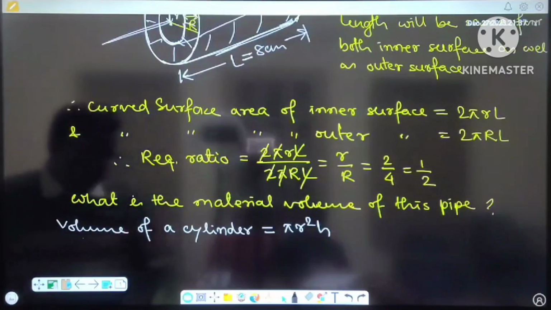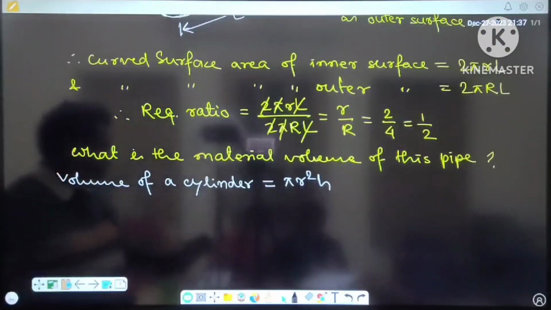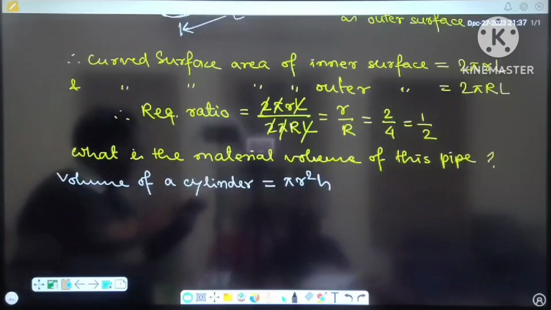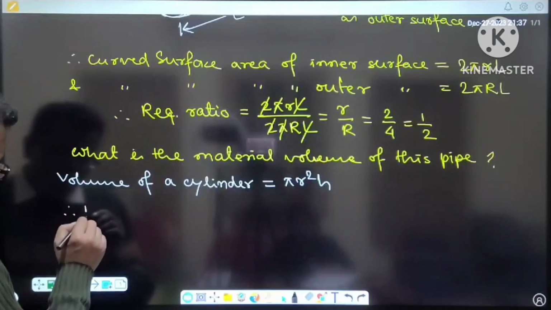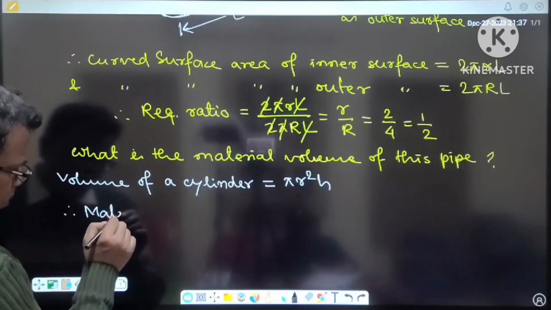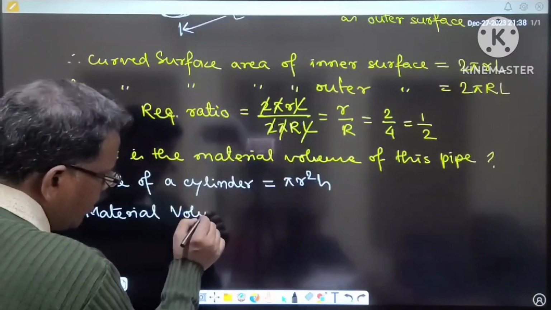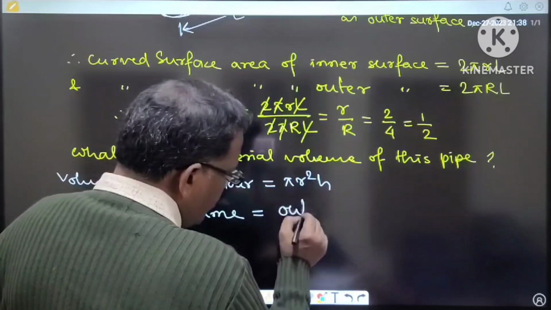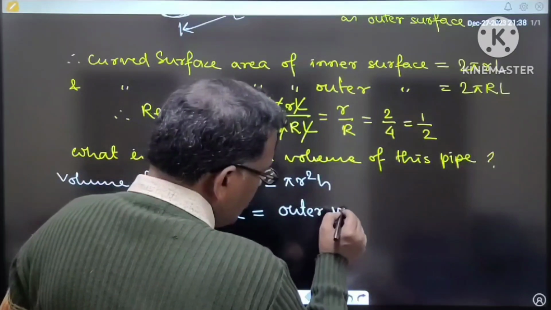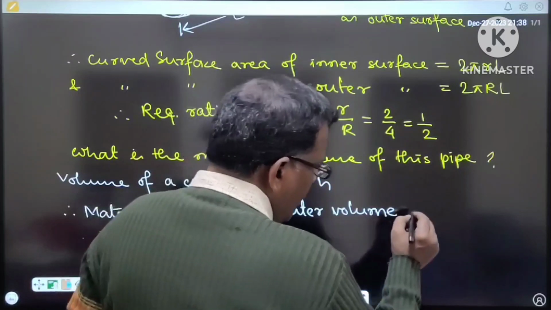So material volume will be outer surface enclosing volume minus inner surface enclosing volume.